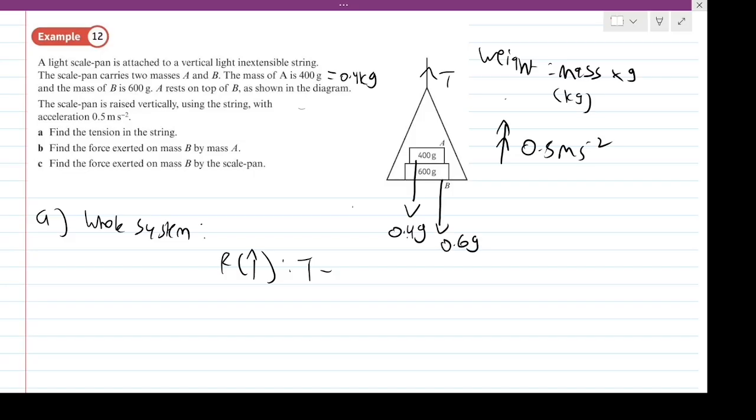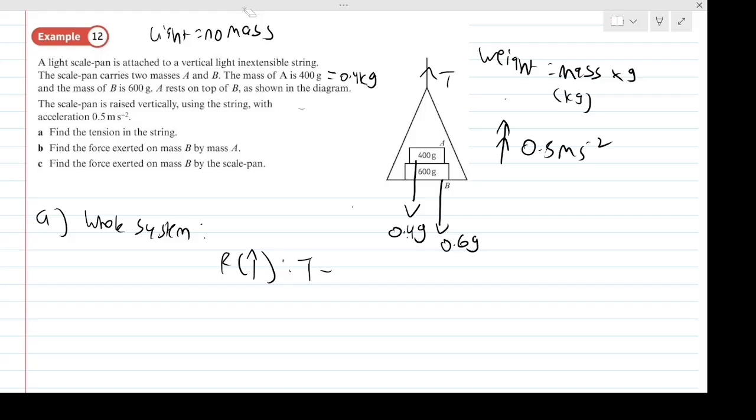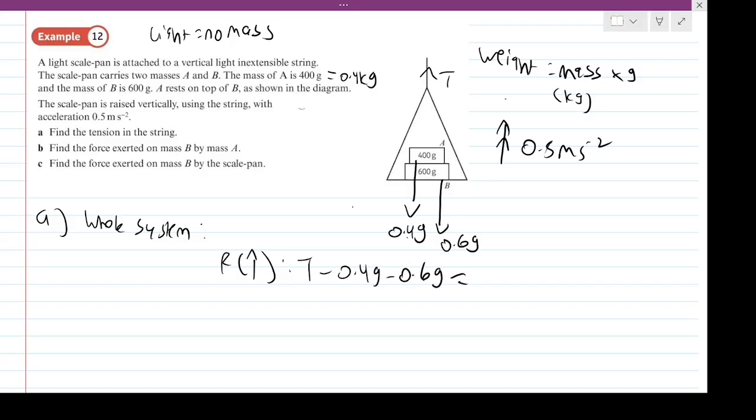The scale pan has no mass because it's light. Remember, light means no mass, so no weight coming from the pan. So these are the two forces pulling it down overall. Tension is going against these two weights pulling it down. So T take away 0.4 G, take away 0.6 G is equal to MA.